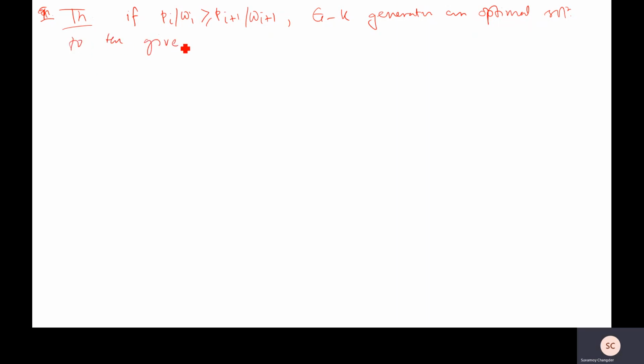So the statement of the theorem is: if Pi by Wi is greater than or equal to Pi plus 1 by Wi plus 1, the greedy knapsack generates an optimal solution to the given instance of the knapsack problem.